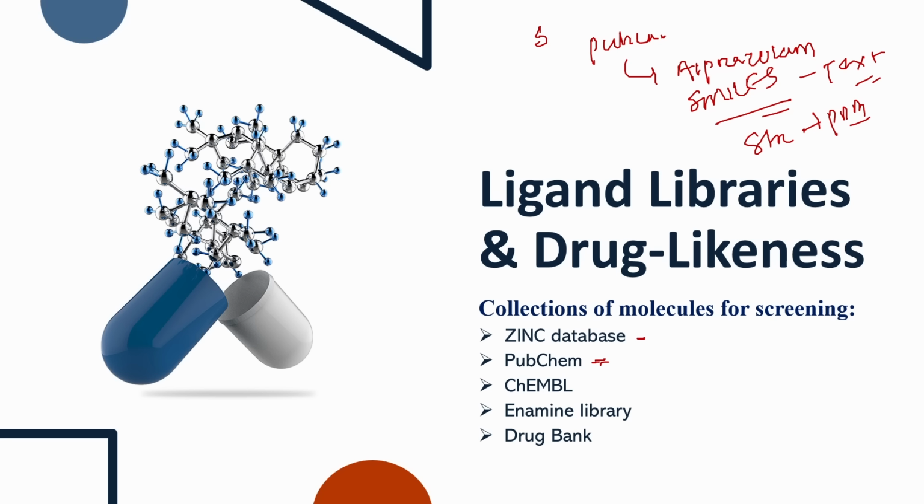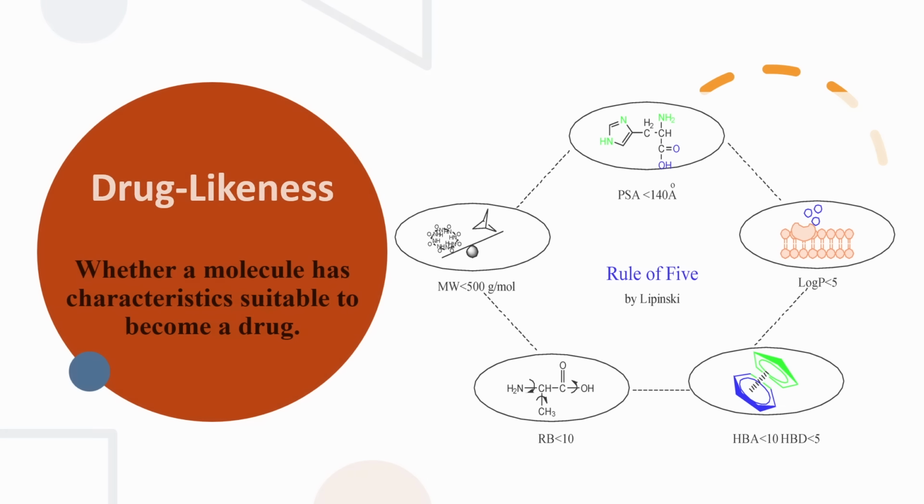Now the main term here, drug likeness. So what is this drug likeness? Drug likeness is nothing but whether the molecule has the characteristics to become a drug. Not all molecules can be drugs. It should follow some specific points.